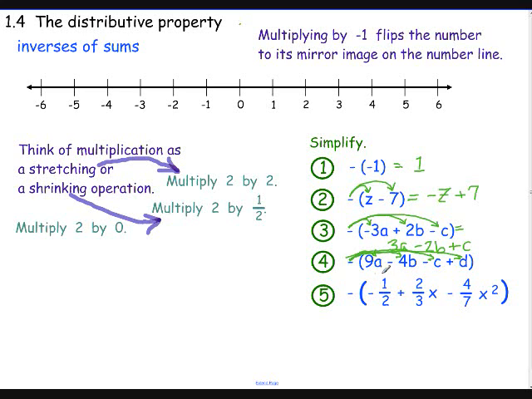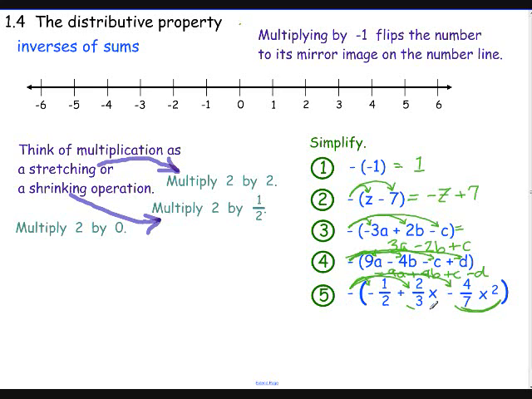And I get a negative 9a, a positive 4b, a positive c, and a negative d. And what happens with this one? Same thing, I'm going to distribute to all the terms.